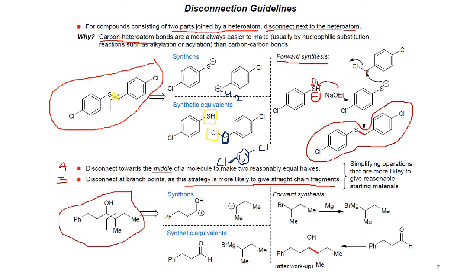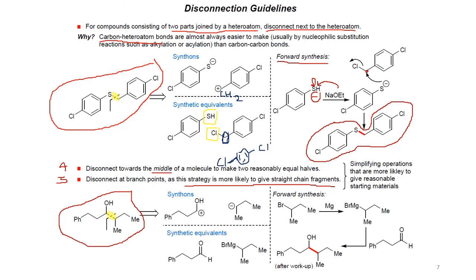This is a compound with lots of branches. So you disconnect at the branch point, which is this part. When you disconnect at the branch point, this part becomes positive, this part becomes negative.